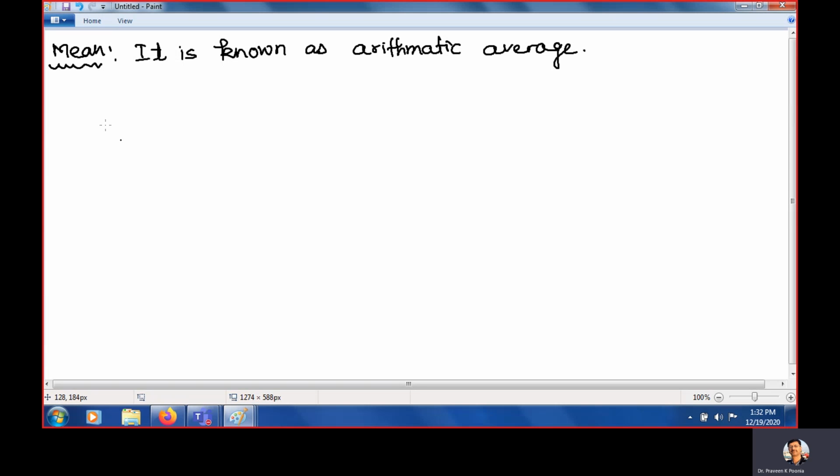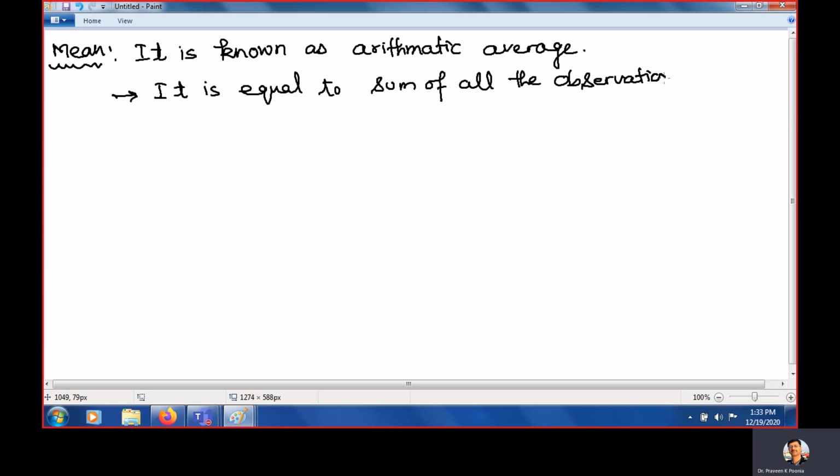Clear? And it is equal to the sum of all the observations divided by the number of observations.